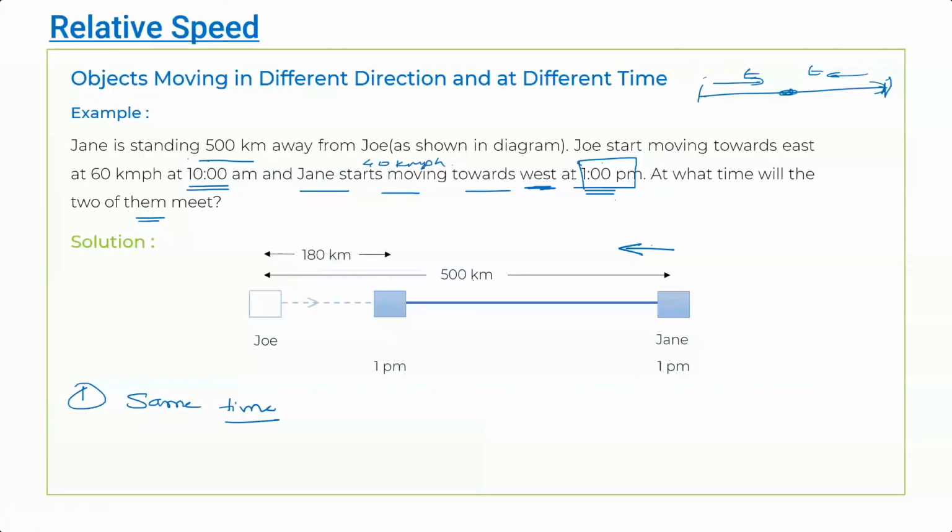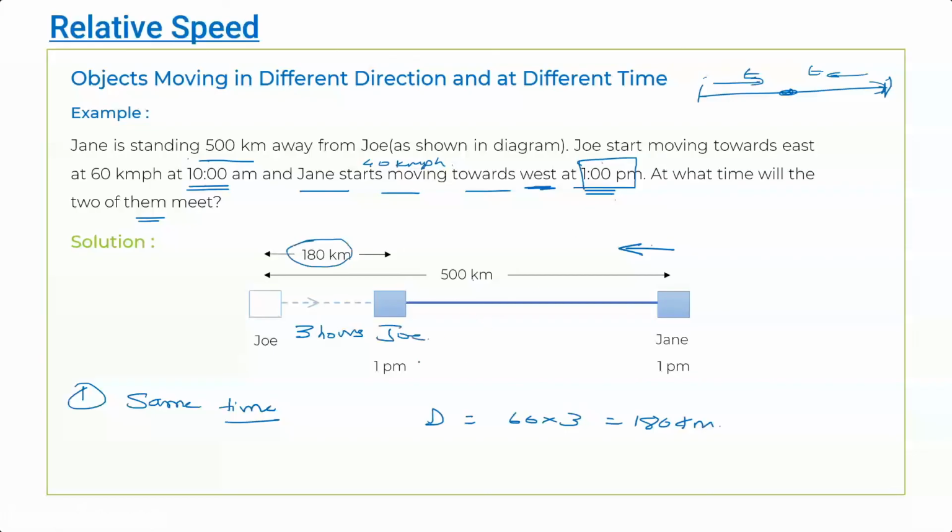From 10 a.m. to 1 p.m., Joe is traveling for 3 hours, right? If Joe is traveling for 3 hours, the distance that Joe would cover is speed into time. Speed is 60, time is 3, which is 180 kilometers. So that means Joe has already covered 180 kilometers and Joe is here at 1 p.m.